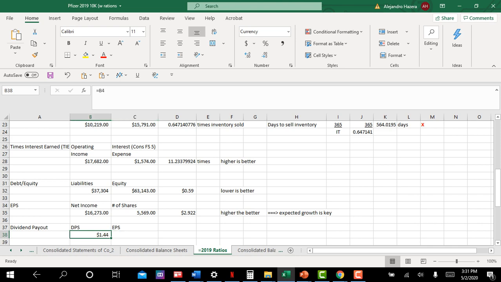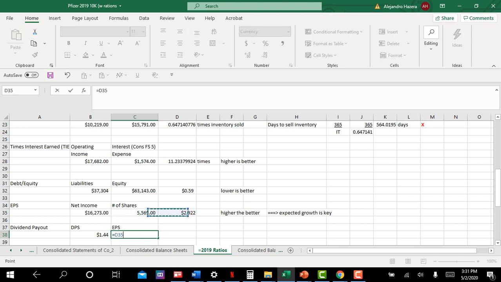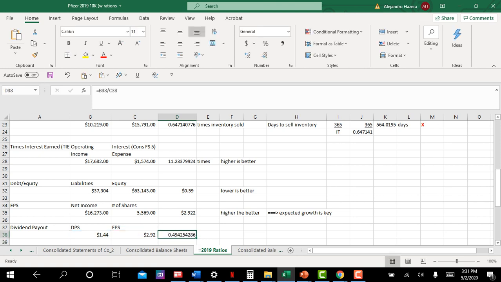Now the dividend payout ratio is just dividends per share over earnings per share. We're going to divide $1.44 by 2.92. You get 49 cents per share. This is pretty good if you're a shareholder.